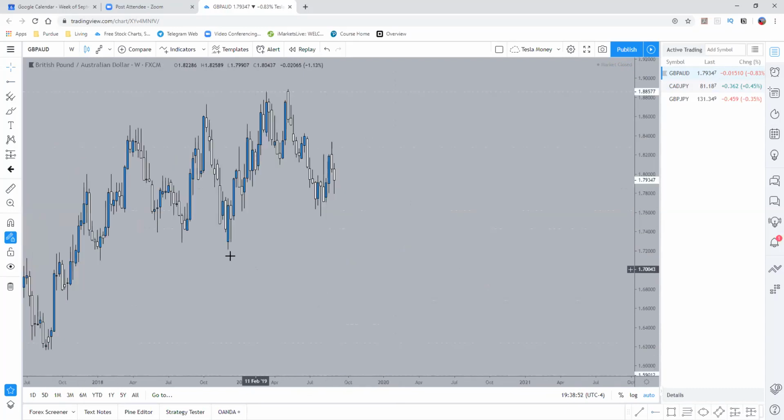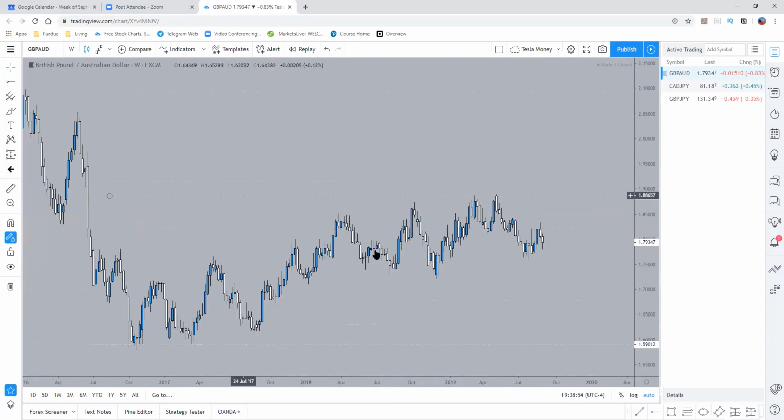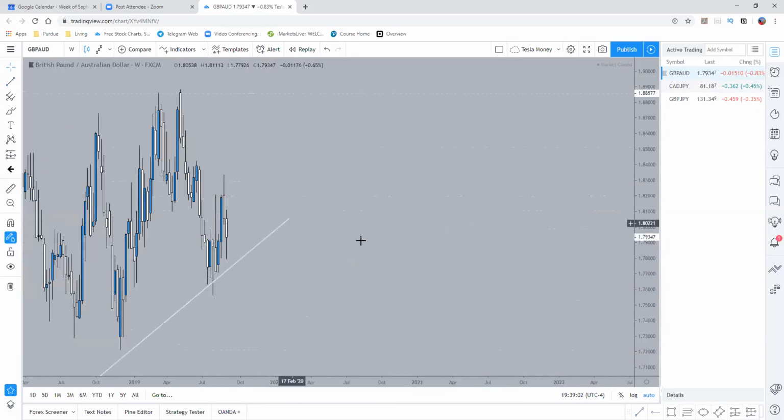All right, so I'm just going to mark on my favorite pair, GA. It's my favorite pair because it pays me every single time. Cool. Almost every time.